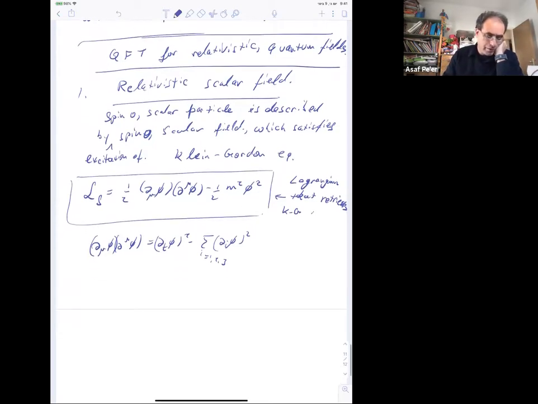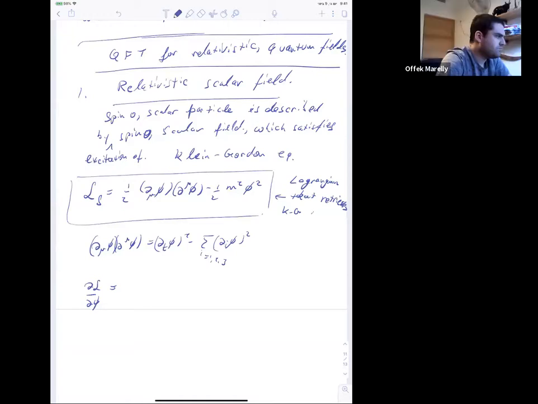So what will be the partial derivatives? What is dL over d phi? This is the Lagrangian in front of you. Minus m squared phi. Exactly.